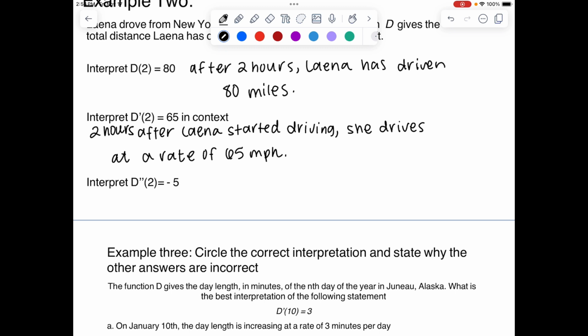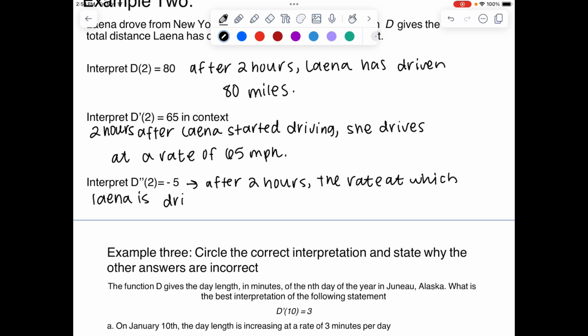But the double derivative is going to be a little trickier. So what this means right here is after 2 hours, the rate at which Lena is driving is, so it's negative, so it's decreasing at a rate of 5 miles per hour squared.